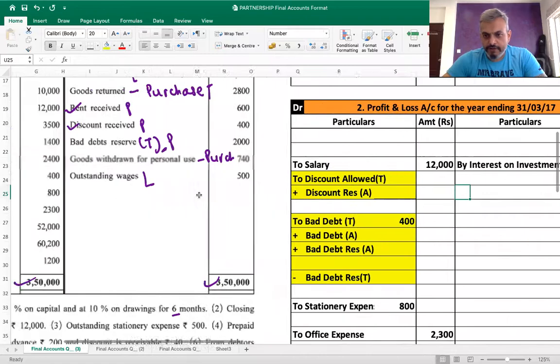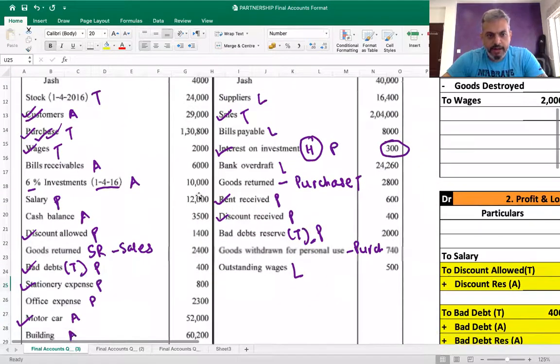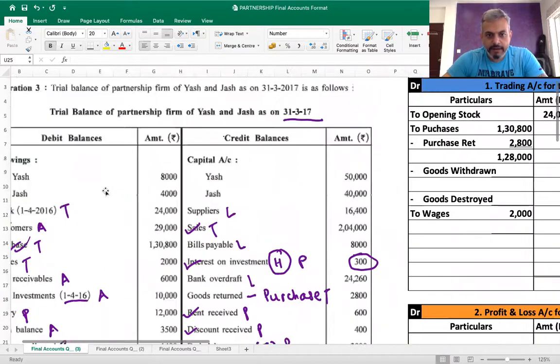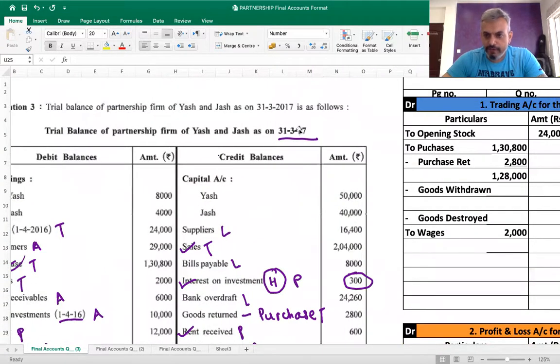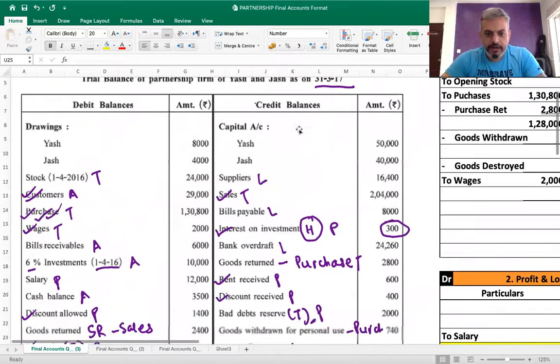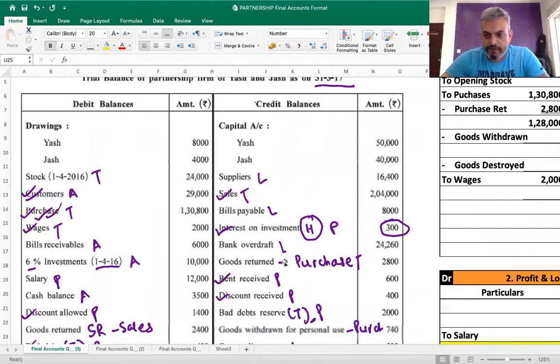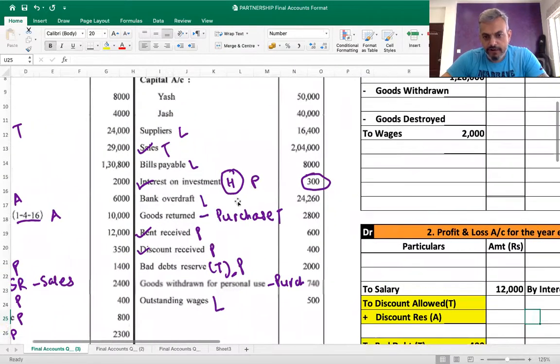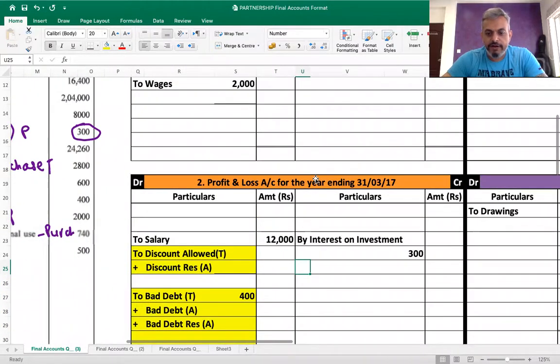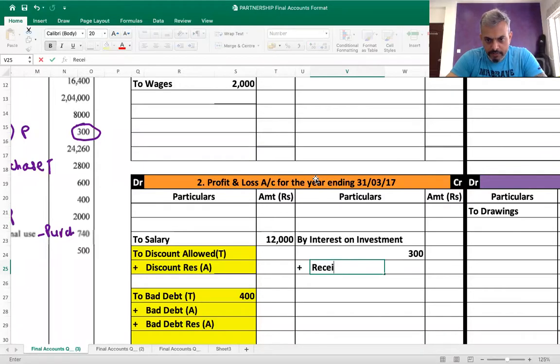Now it's a hidden adjustment, so let's solve it. Now 6% investment 1/4/2016. Year end is 31/3/2017. So we know for the full year 6% of 10,000 is 600. So 600 we should have received, but we received only 300. So 300 is receivable or outstanding. So I'll use the word receivable interest 300.